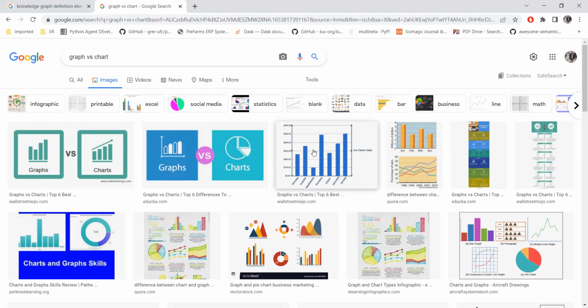It's not a graph. Colloquially, when we are talking within a team, we say, okay, this is a graph. This is a histogram graph. No, it is not a histogram graph. It is a histogram chart. So there is a big difference between plots and graphs, because graphs contain nodes and edges.